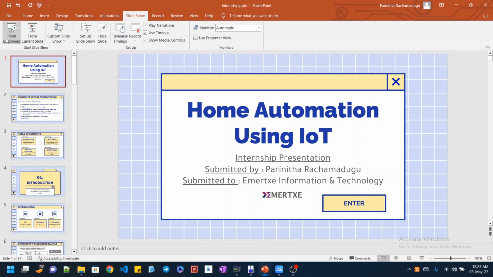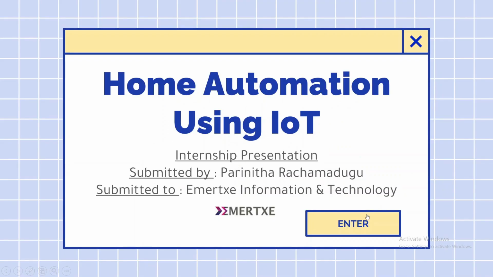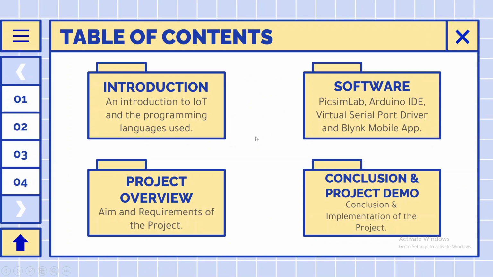So let us get into it by pressing the enter button, and first we have the table of contents. The first topic is introduction, which is basically an introduction to what IoT is and the programming languages that are being used in this project. The second one is the software that is being used, which are PiximLab, Arduino IDE, Virtual Serial Port Driver, and the Blynk mobile application.